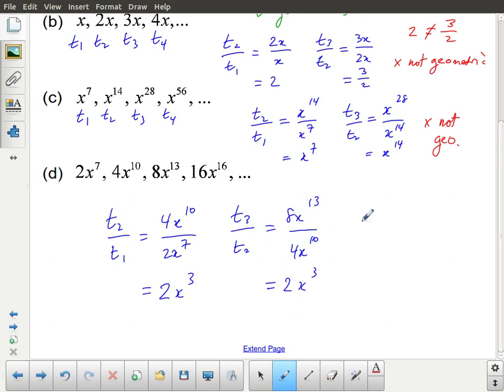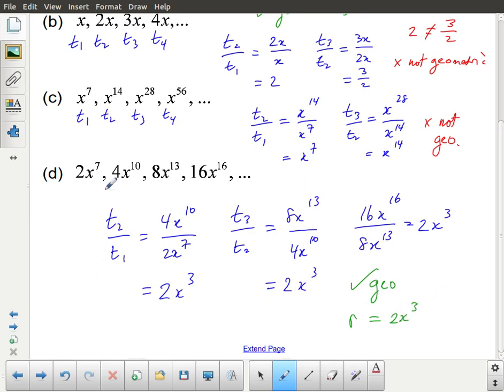What about T4 over T3? That's 16x to the 16 over 8x to the 13. 16 over 8 is 2. X to the 16 over x to the 13 is x to the 3. In this case, it is geometric, and the common ratio is this odd looking common ratio, 2x cubed.